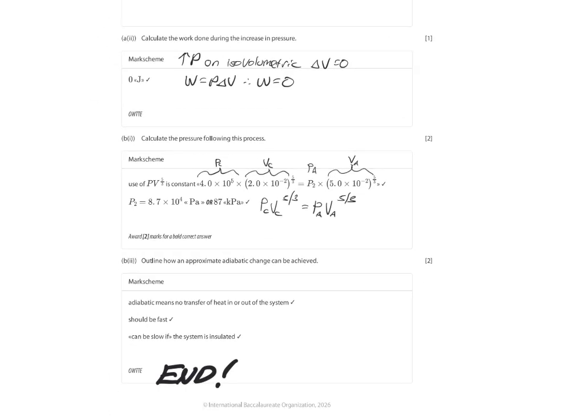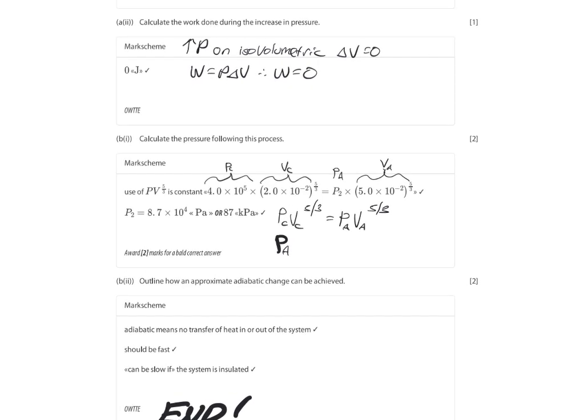When you work all those numbers out, the pressure at A is 8.7 times 10 to the 4 pascals, and in kilopascals, that's 87 kilopascals.